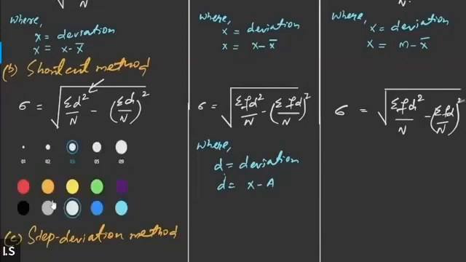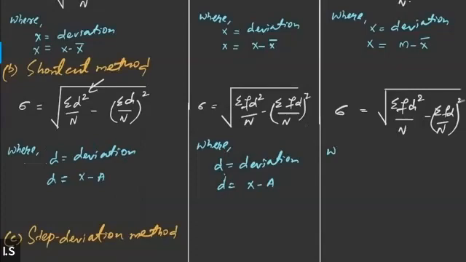And here d equals, again, deviation, but since in case of continuous series we won't have the item, that time deviation will be calculated as the difference between the mid value and the assumed mean. This is how it will be calculated in case of continuous series.